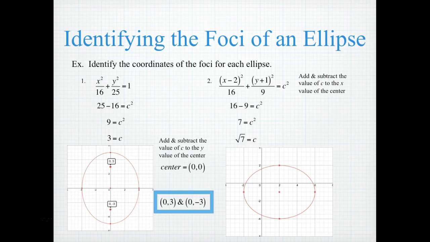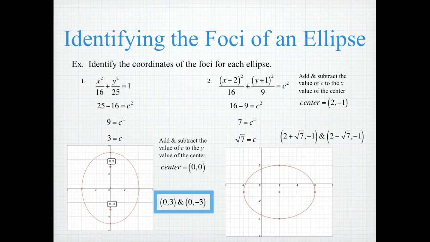So in this case, I need to add and subtract the square root of 7 to and from the x value of the center. The center of the ellipse is given as the coordinate 2, negative 1. And since my foci lie along the major axis, I'm going to add the square root of 7 to the x value of the center, and I'm going to subtract the square root of 7 from the x value of the center.